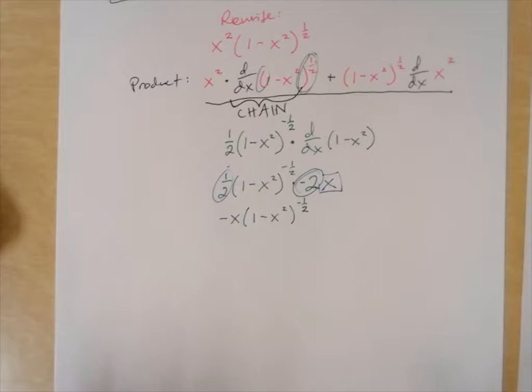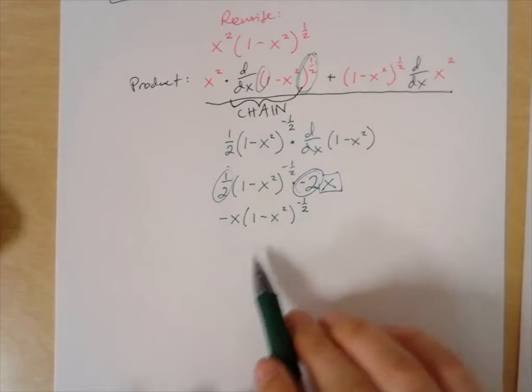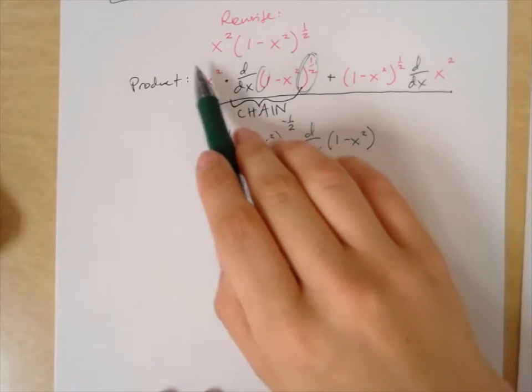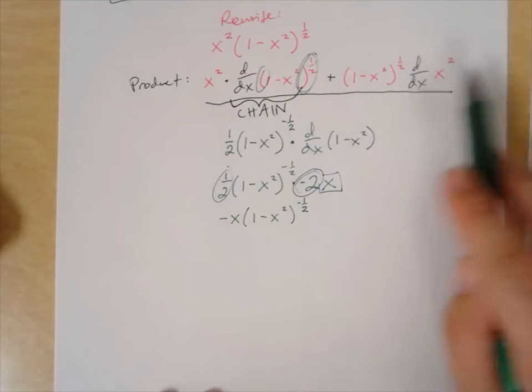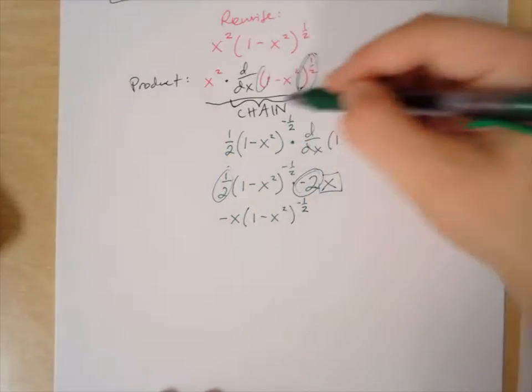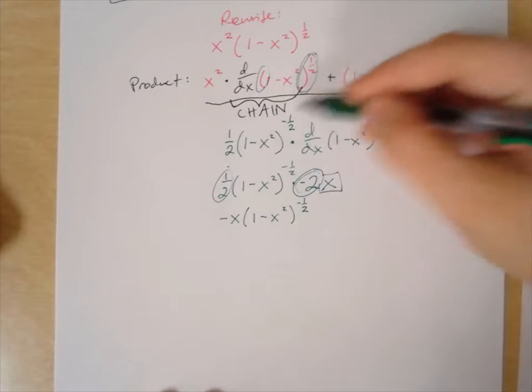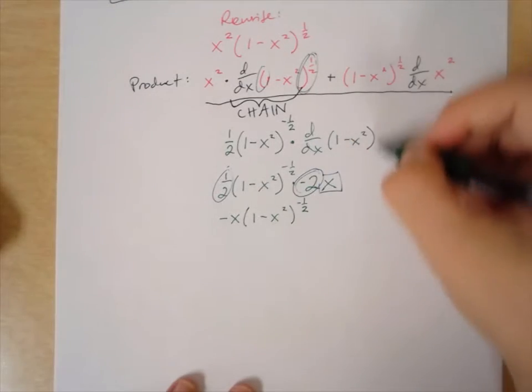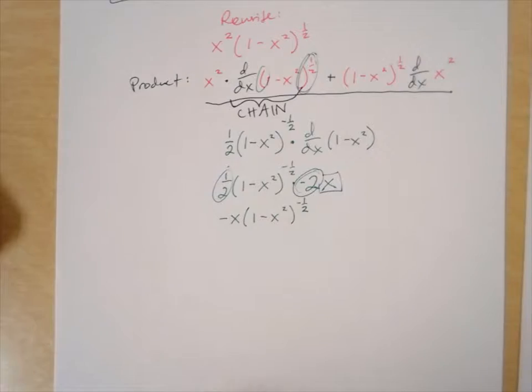Now before I start taking care of negative exponents and moving everything down, let's not forget about what we began with. Right now we just found this one piece right here, and we still need to include the rest of what we started with.